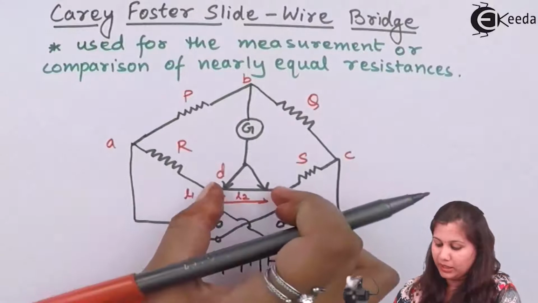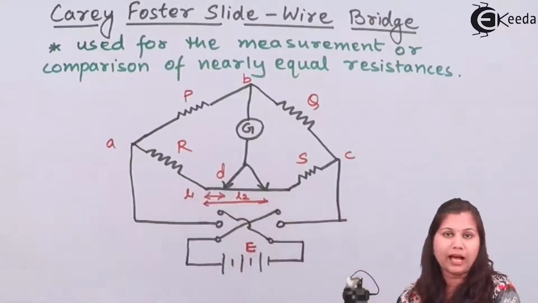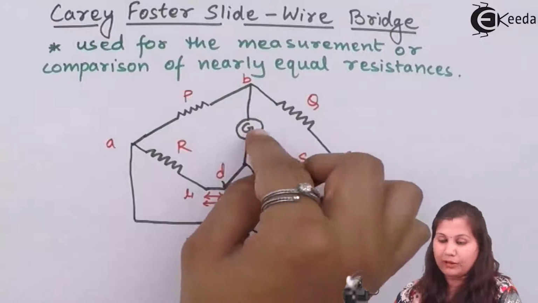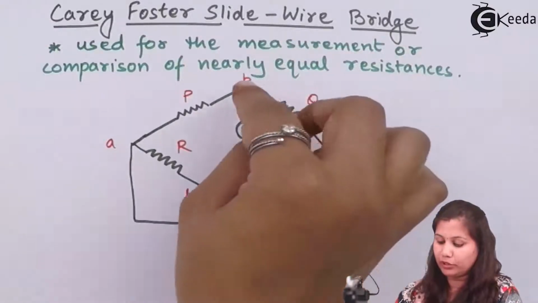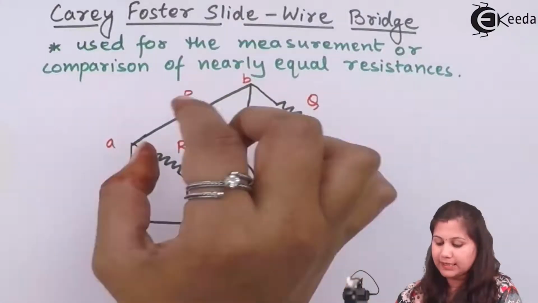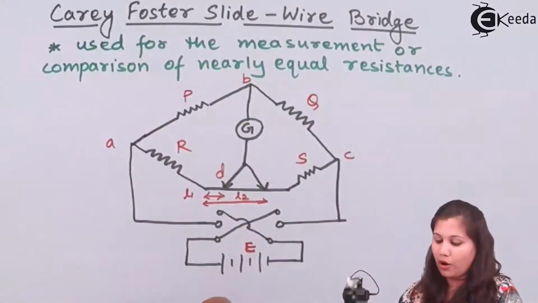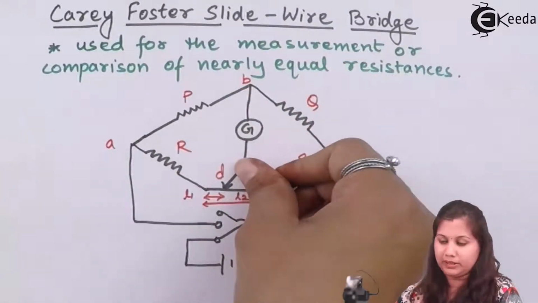Now in between we have a slide wire, and on this slide wire we have a sliding contact which moves over it. When the galvanometer shows null deflection, it means that the voltage drop across EAB and EAD is equal, or we can say that no current is flowing through the galvanometer.